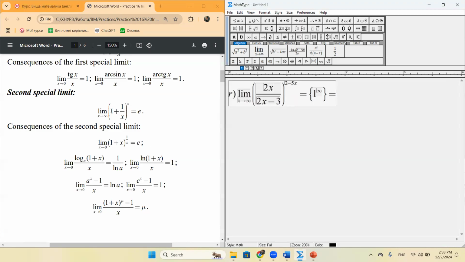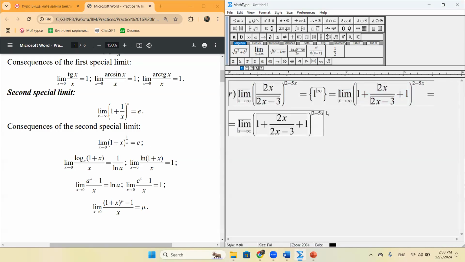It must look like this: 1 plus 1 by x. And how to do it? We just add 1 and subtract 1.